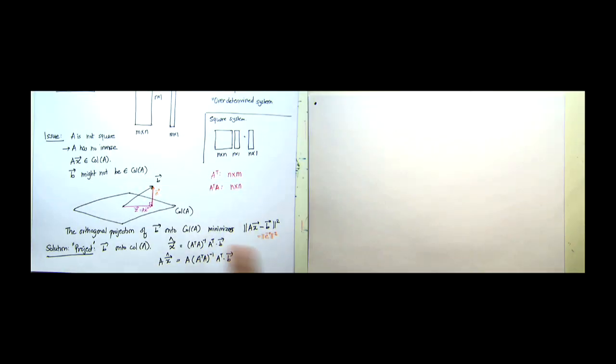So A transpose inverse doesn't really exist because it's not a square matrix. Inverses only exist for square matrices. Okay? So, any questions about this? I'm going to just pause and take a second, ask me questions, or ask your neighbor questions. I'm just going to wait.